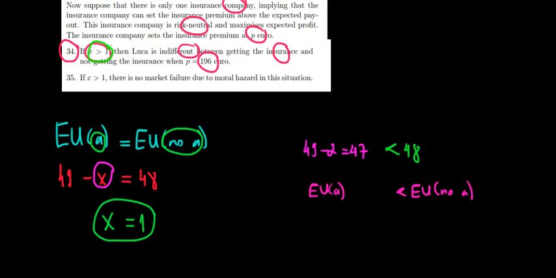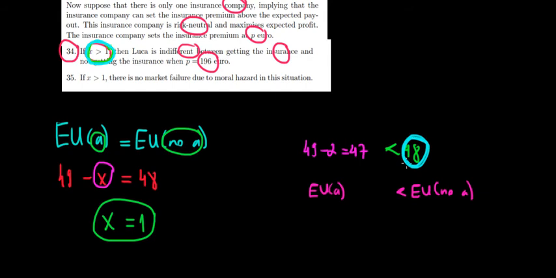In other words, if the hassle of having this alarm that gives us false signals sometimes is so high that X is greater than 1, then we're not even going to bother installing the alarm. That's why we'll always go for not installing the alarm. So the expected utility in this case would be 48.